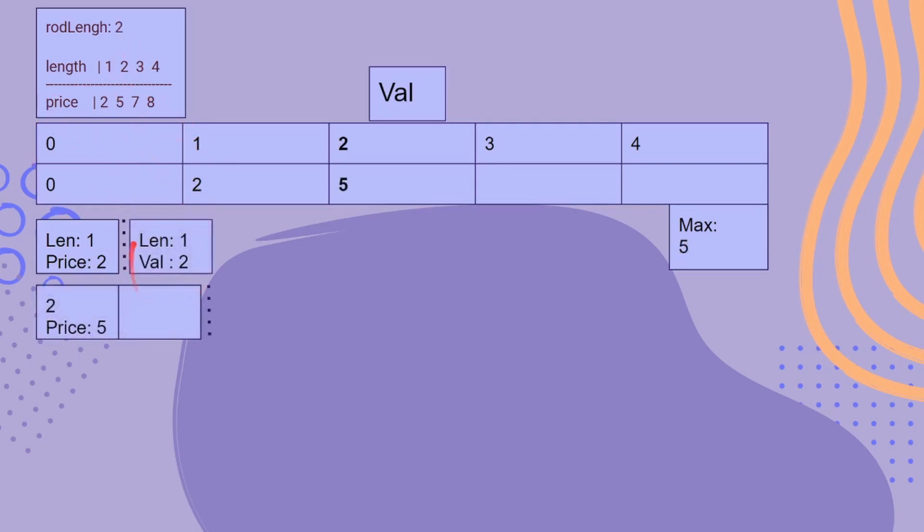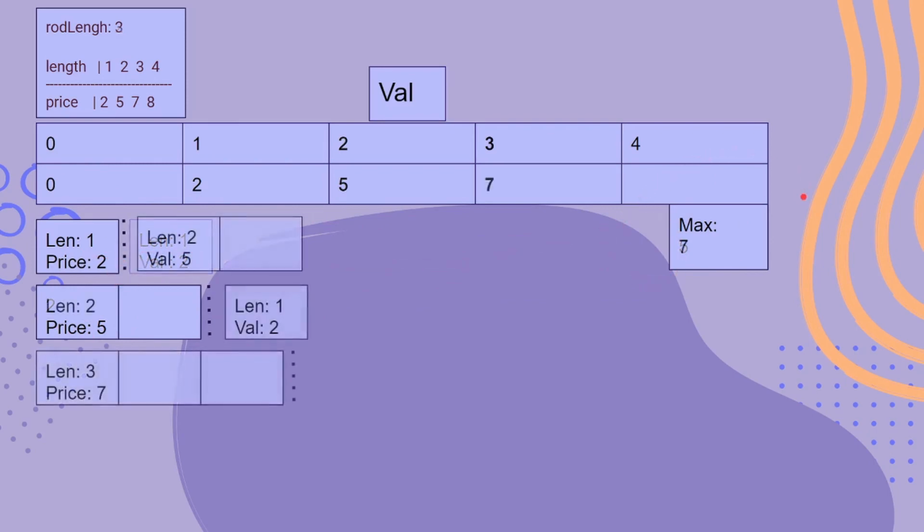To find the max for length 2, you can either do 1 with the price of 2, and since there's 1 remaining, you do another 1 with the price of 2. Or you could do 2 with the price of 5, plus 0 with the price of 0. Since the 5 is bigger than the 4, the max is 5.